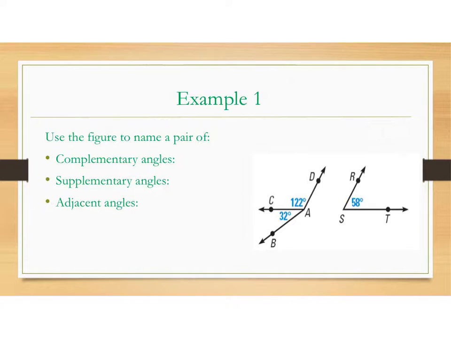Beautiful. Okay, angle BAC and angle RST. We could also go in reverse. We could have called it CAB and TSR. Everybody good on those? When we add 32 and 58, it equals 90 degrees. So that is our pair of complementary angles.